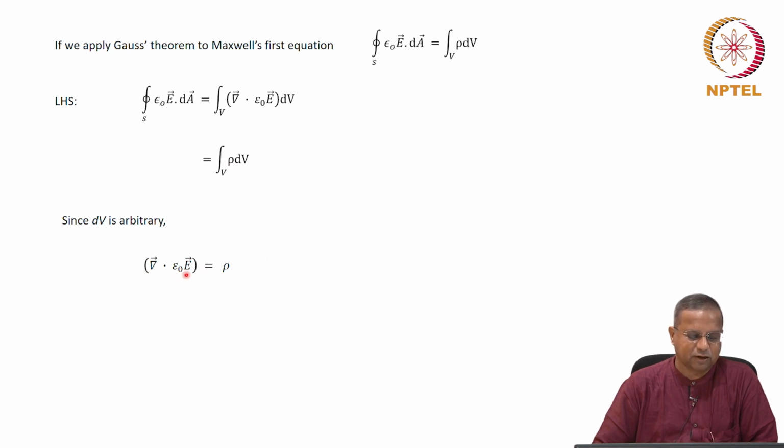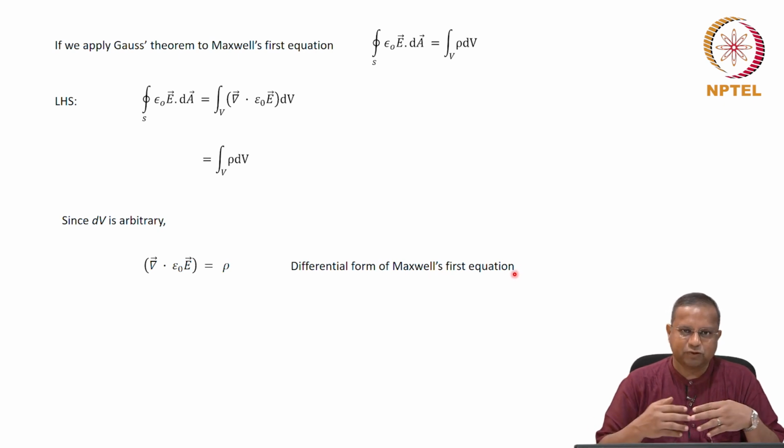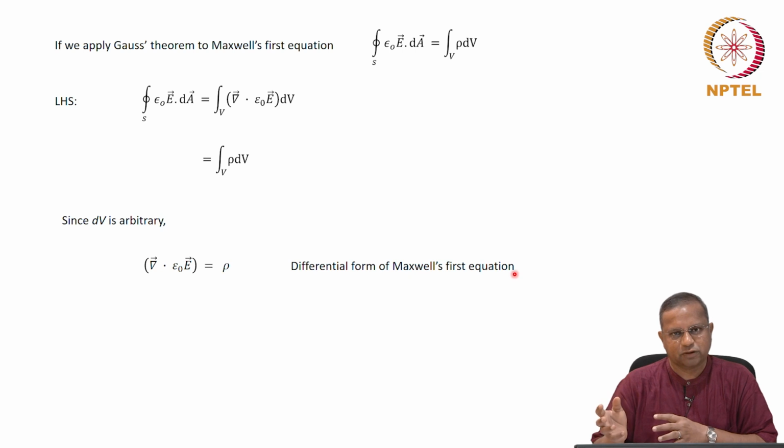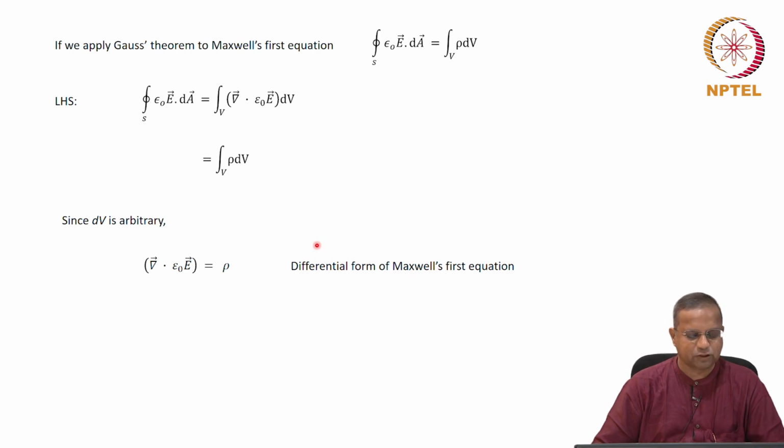So del dot epsilon naught E equals rho, and this is the differential form of Maxwell's first relationship. This is the way by which you could go from an integral form to a differential form, for Maxwell's first equation.